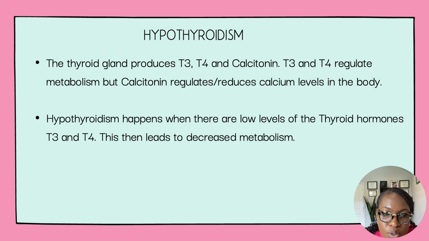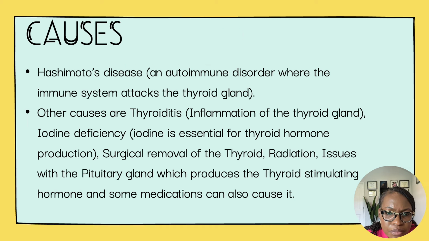So hypothyroidism happens when there are low levels of those thyroid hormones T3 and T4. And since we know that T3 and T4 help to regulate metabolism, low levels of them then lead to decreased metabolism.